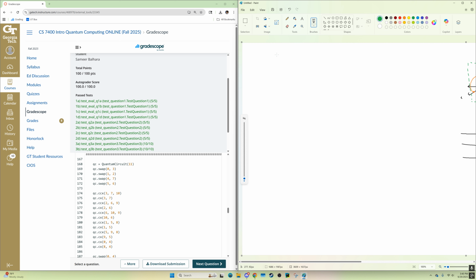Originally, the input to this adder gives two sets of qubits that are in little endian order, and I'm going to write it out. Little endian order is when the most significant qubit is on the right.